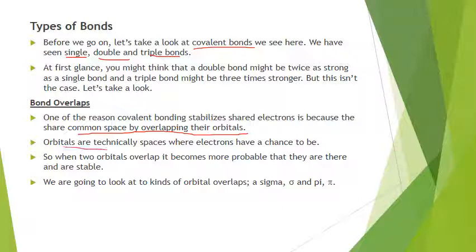Orbitals are technically spaces where electrons can be. So when two orbitals overlap, it becomes more probable that the electrons are there and therefore more stable. We're going to look at 2 kinds of orbital overlaps: something called a sigma bond, and another called a pi bond.